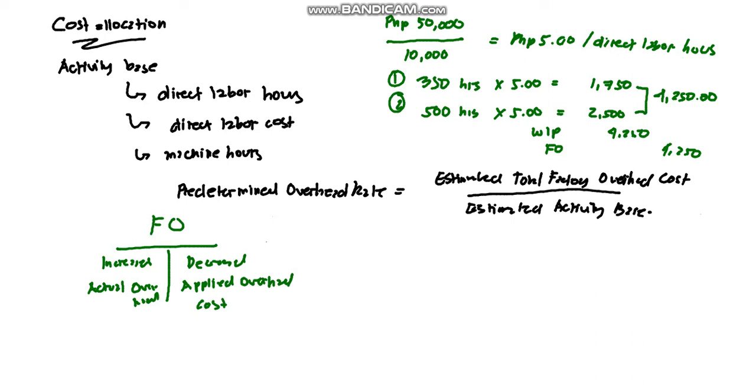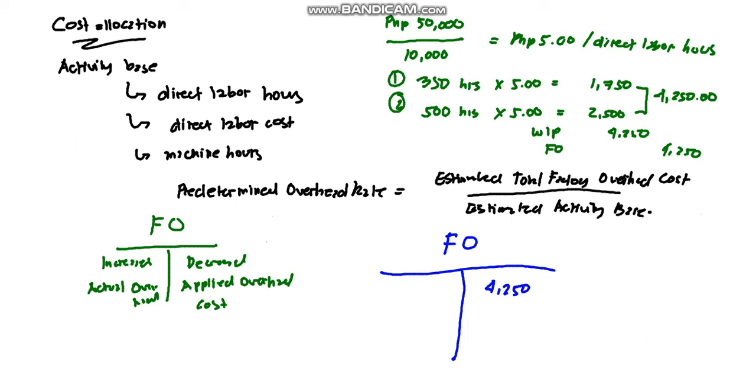So let's take for example, this is the account using the same. Let's just say that, okay, let's use another color. Since this is the applied, that's credit, that's 4,250.